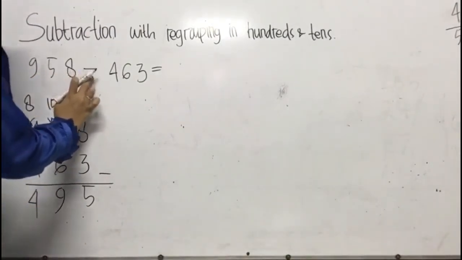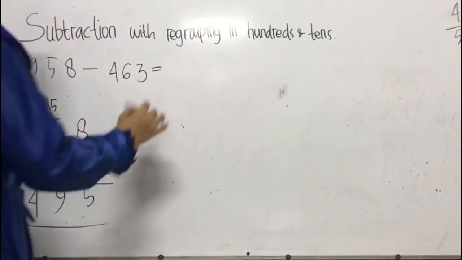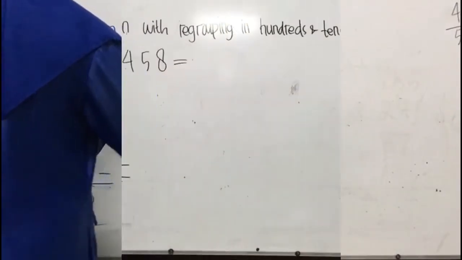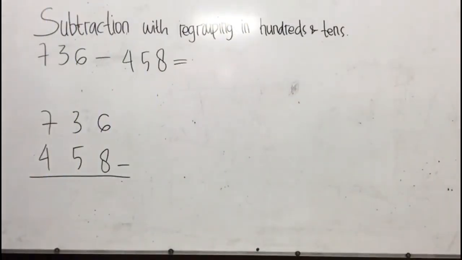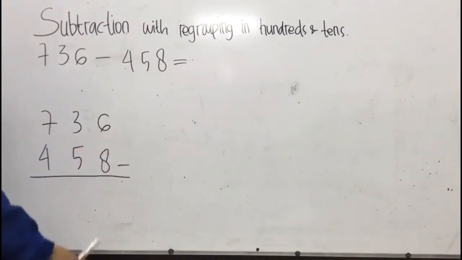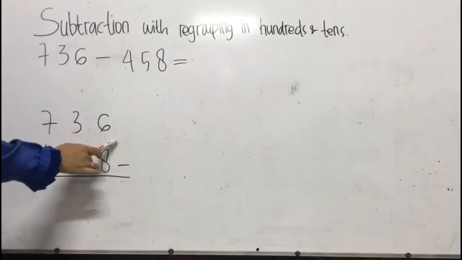So 958 minus 463 equals 495. Okay sayang, first we subtract the ones, but we cannot subtract 8 ones from 6 ones. So we regroup 1 tens into 10 ones.